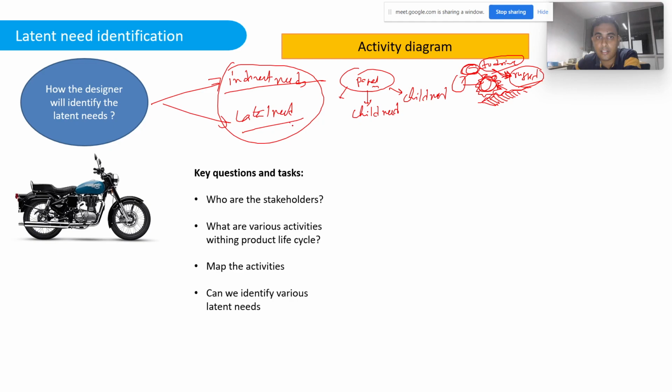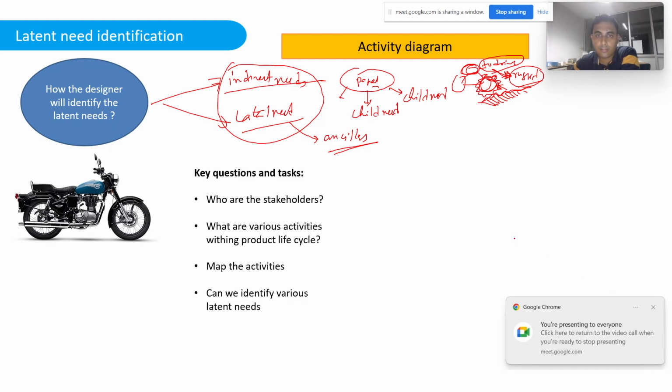Latent needs are more like ancillary needs, which are basically systemic requirements. For example, you may ask the question, who are the stakeholders?